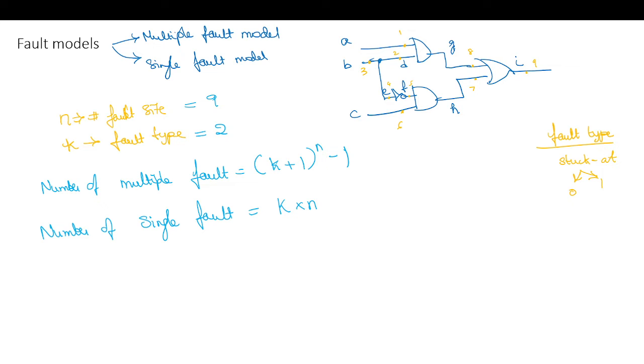And if we consider k into n, that's 9 into 2, it's 18. So with this we have the assumption that the single fault model is giving a good coverage. If we have a good single fault coverage, it is generally sufficient, and it implies that it will give good multiple fault coverage also.